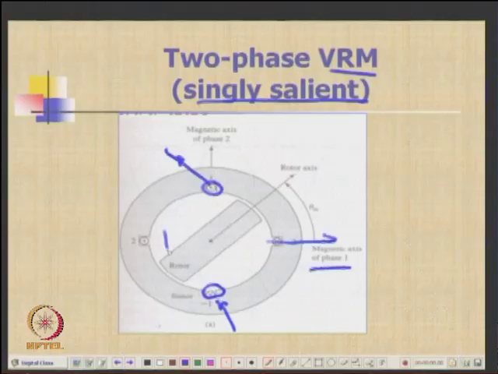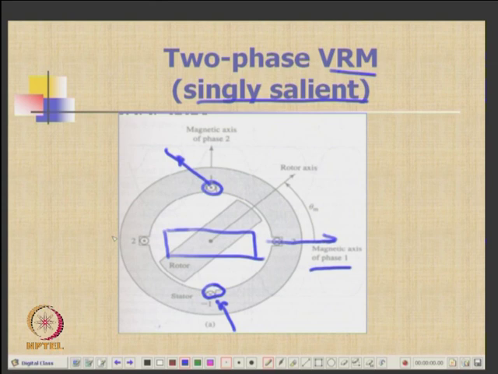Supposing you have excited 1 and this is aligned here, right. Now I will excite 2, 2 is here, yes, okay. I will excite here the second one, I pass a current I2 here, this was the current I1.